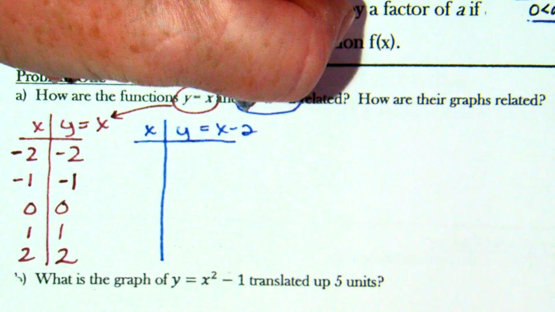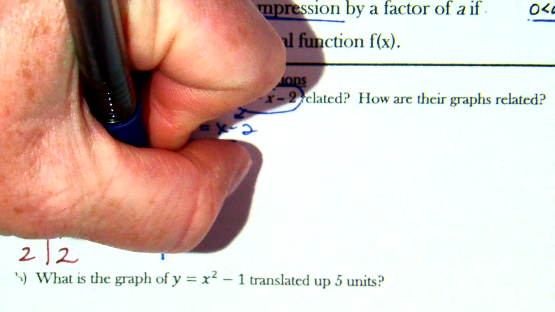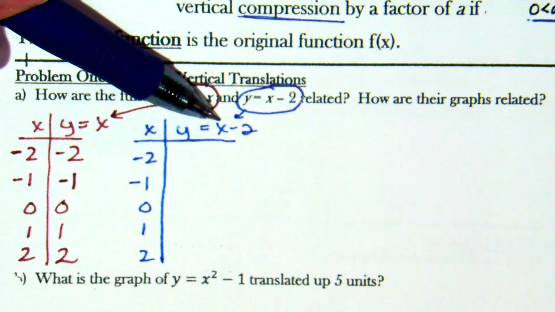This time using the equation y equals x minus 2. Guess what I'm going to do in terms of x values? Same ones. Again, I'm trying to make a comparison here. Okay. This time, if I put in -2 for x, what is y? X minus 2.